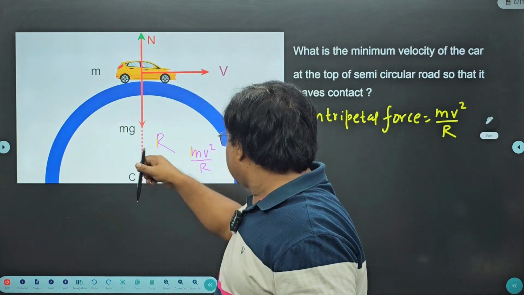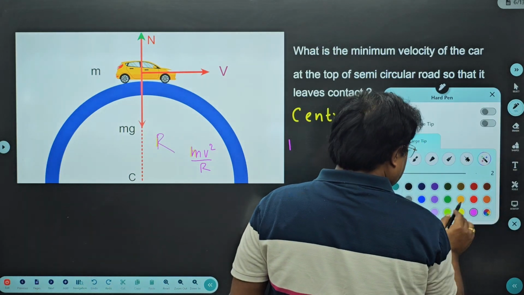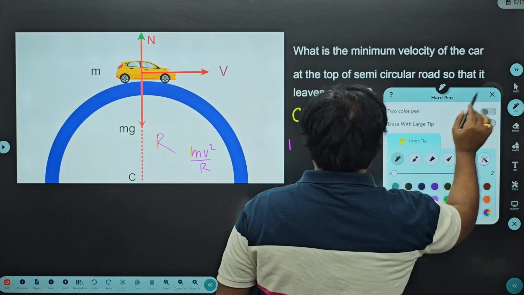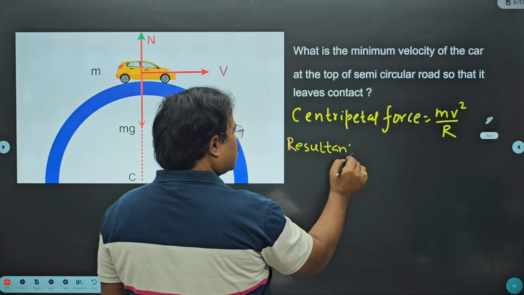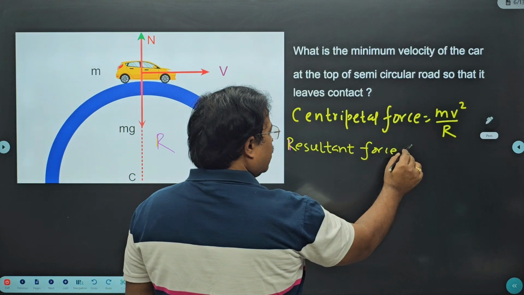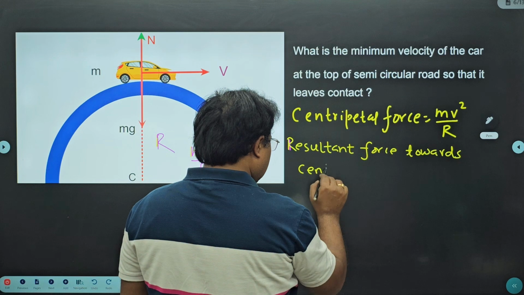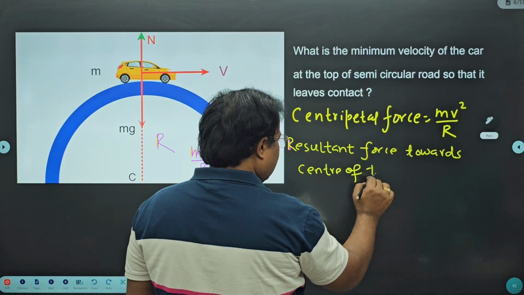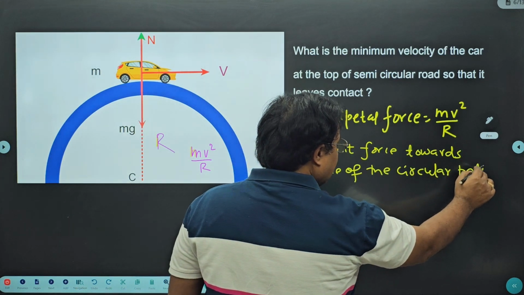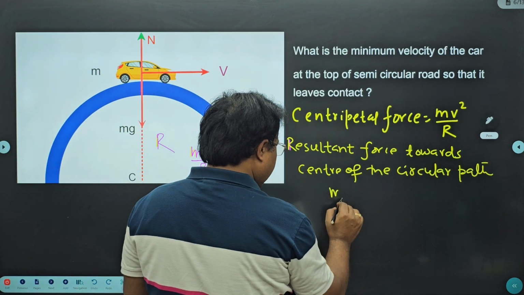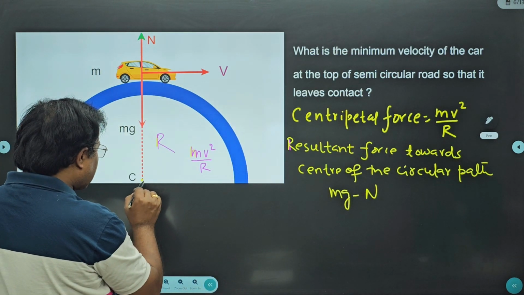So the resultant force toward the center of the circular path is, I am writing, resultant force toward the center of the circular path is mg minus N, as I have already explained. And this is the force which is toward the center of the circular path.